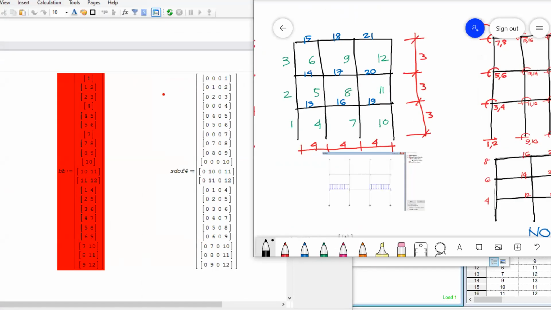And then for the second element, we need 4 and 6, right? So that is first and second on our structure stiffness matrix. For the third element, BB is in the location 2, 3, so third element.